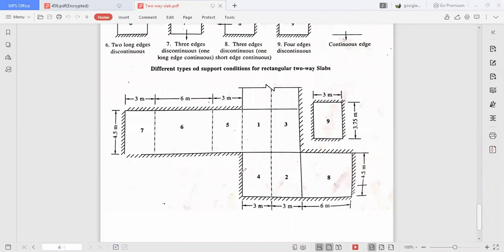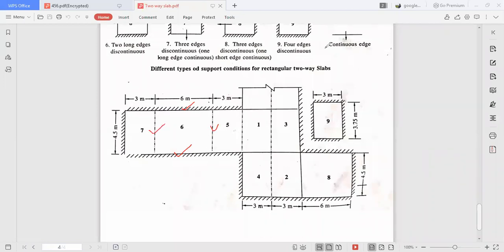First, clearly understand one thing. For a rectangular slab, we will get 4 edges. Out of that, some edges may be continuous or may not be continuous. That is what we are identifying and discussing now. Here for this 6th panel, these two edges are discontinuous, and these two are continuous.